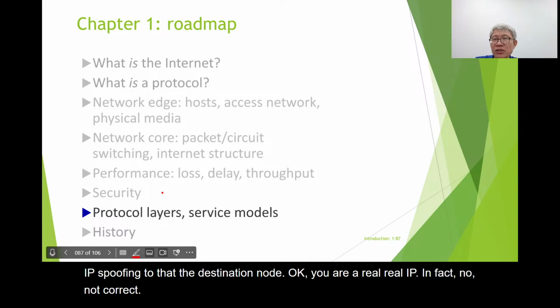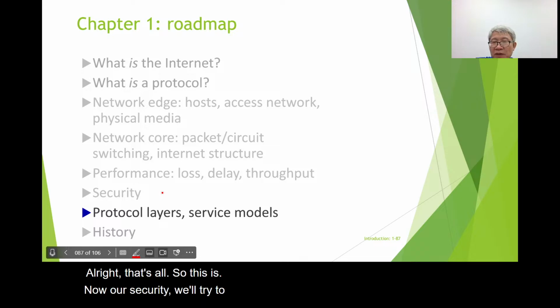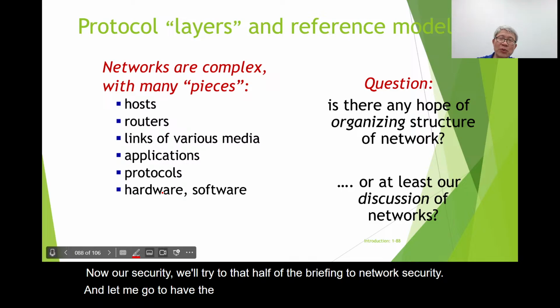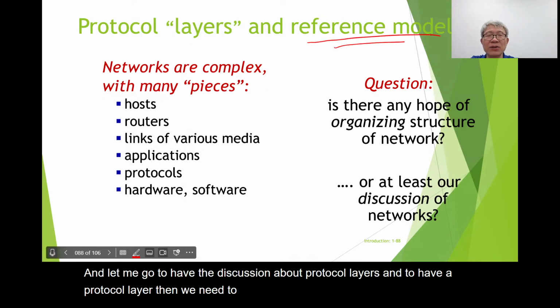All right, that's all. So this is the network security. We try to have the briefing to network security. And let me go to have the discussion about protocol layers. And to have a protocol layer, then we need to have a reference model.